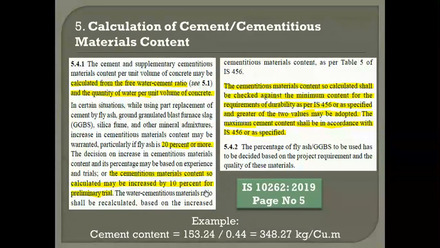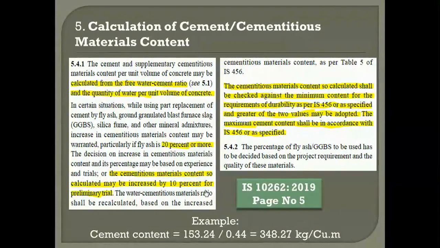If you remember, in the second step when we did the selection of water cement ratio, just as an example, we got 0.44 from the graph and 0.45 from the code, and whichever is lesser we have to use for the calculation. And 153.24 is the water content after reducing it by some percentage if we use an admixture.